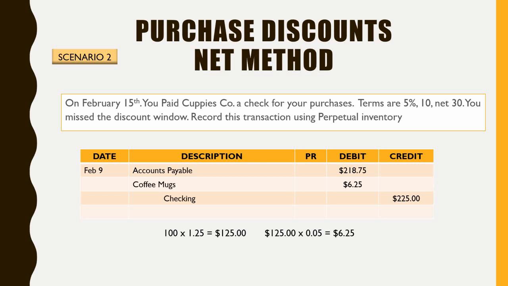You just have to recognize that, okay, I ended up missing the discount, so that means I have to pay for the items at full price. Even though you recognized it at $218, you have to remember you need to add back that extra $6.25 into the inventory and pay in full the $225.